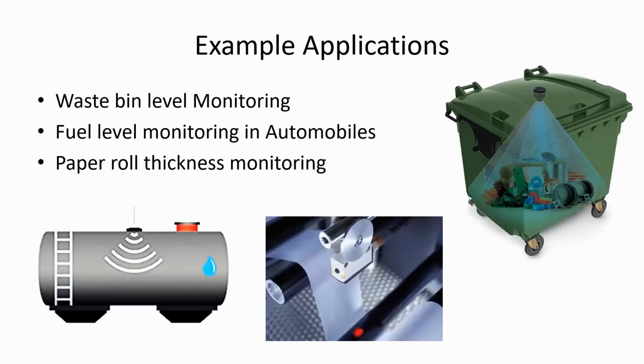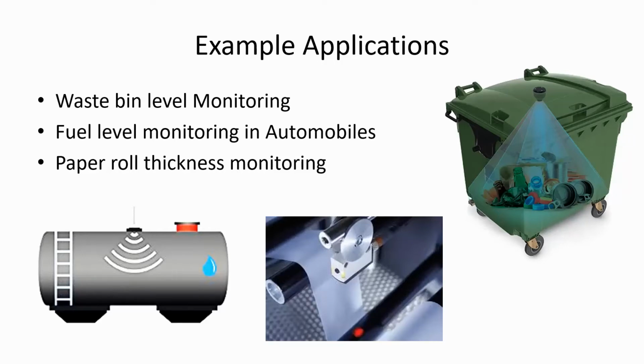Next is fuel level monitoring in automobiles or in any industrial fuel storage tanks. Using these ultrasonic sensors, the level of fuel or any liquid or edible oil or anything can be monitored very easily. Also in automobiles nowadays, the amount of fuel is sensed using ultrasonic sensors.